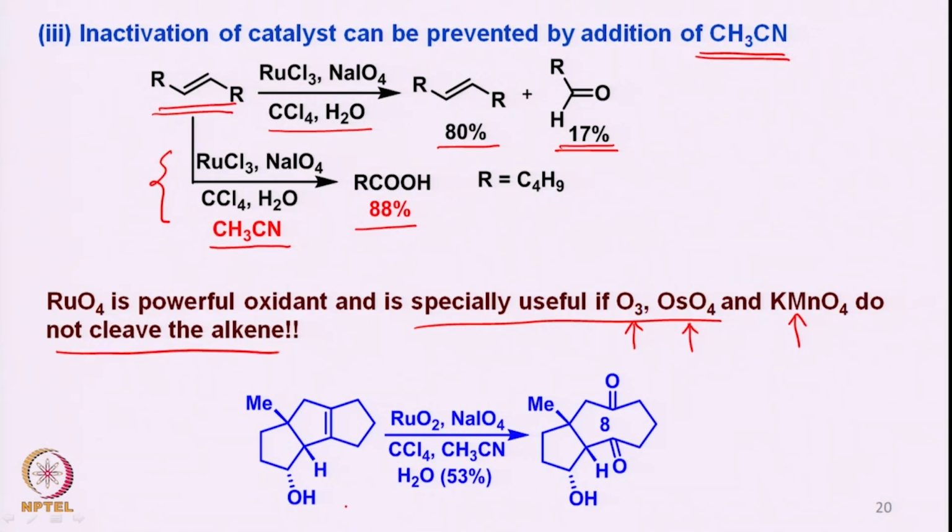This is an example which is a tricyclopentanoid example, in which there was a need to cleave this bond, and this bond cleavage was not easily possible using the reagents such as ozone, osmium tetroxide and KMnO4, but ruthenium tetroxide, which is formed from ruthenium dioxide in presence of sodium metaperiodate, allows the cleavage of the CC bond to form this product in 53% yield.